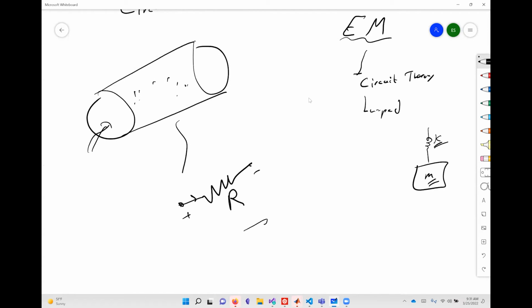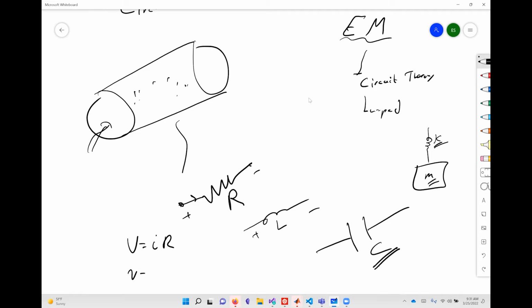And then there's an inductance L, and then there's the capacitance. So with the capacitance, you have some kind of configuration in space, and you're lumping everything about it, distilling it into one number called C, the capacitance. In circuit theory, you don't go into that a lot. You just say, oh, know that V equals IR, just know that.